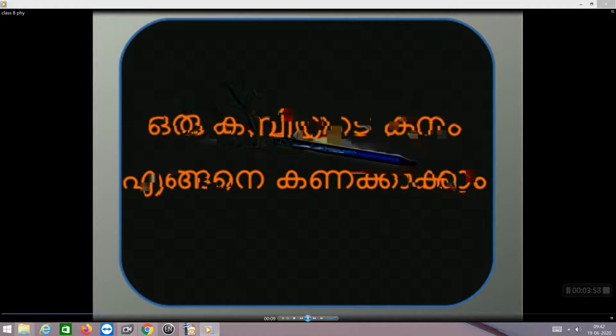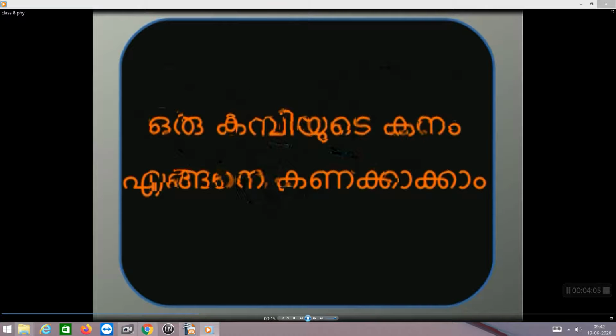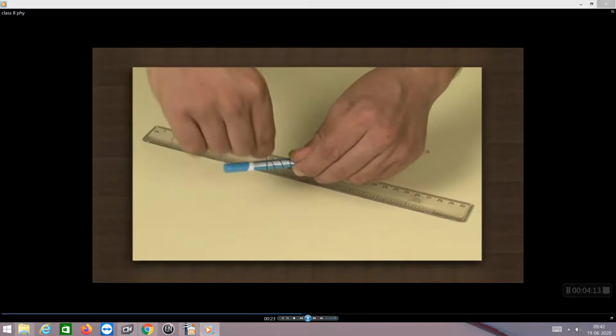So first you wind the metallic wire around the pencil. Watch the video properly.